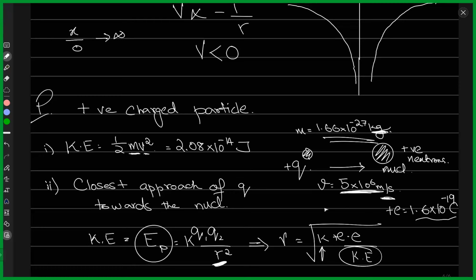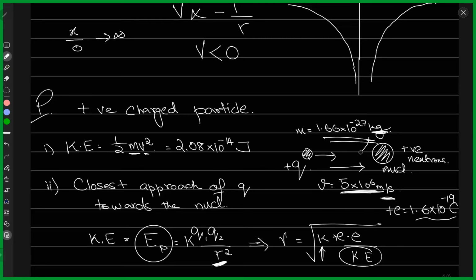So is that clear? What you should understand is how I was able to relate the total kinetic energy of the particle with its electrical potential energy. Because when the particle is coming with some velocity towards the nucleus, it has some kinetic energy, right? And we are using that velocity in the expression for kinetic energy. As soon as it comes near the nucleus, it's not going to collide with it. At some point, it's going to bend and be deflected back.